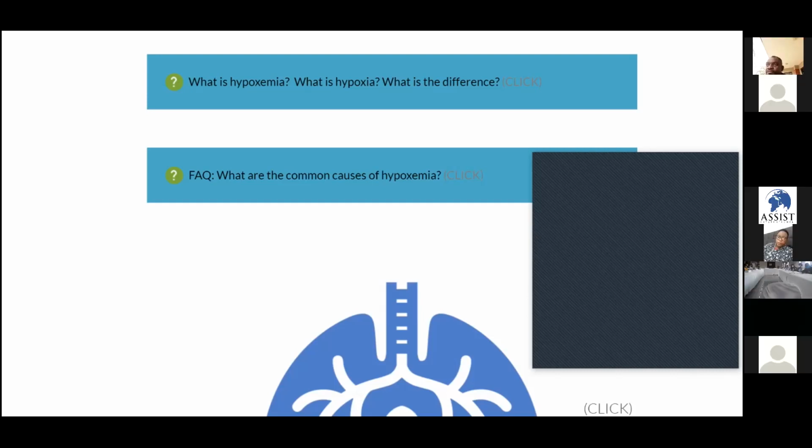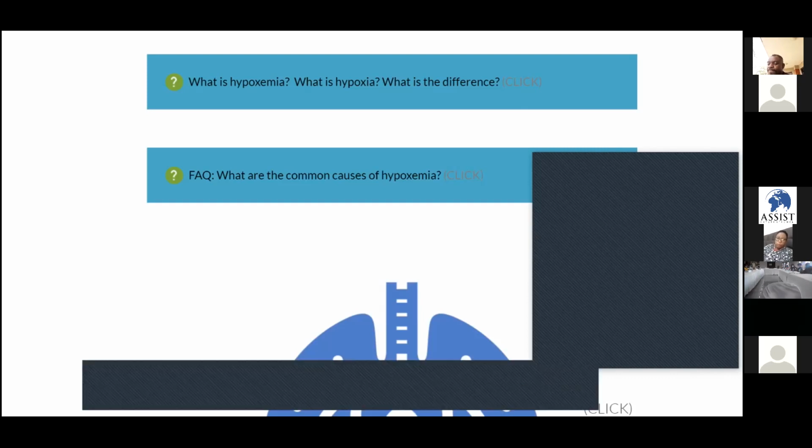So pulse oximetry, which is just a measurement of oxygen saturation, the non-invasive method, has become very common because it is used to define the severity of COVID-19. The definition of hypoxia may vary depending on the kind of patient that you are talking about.